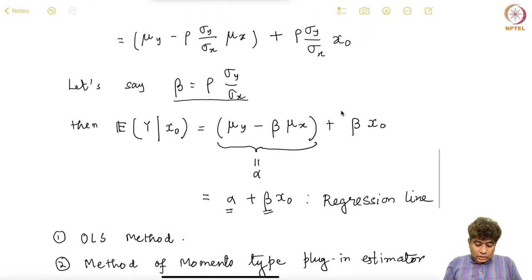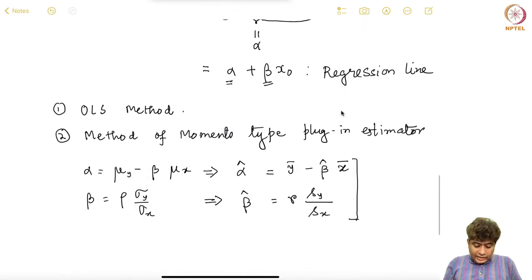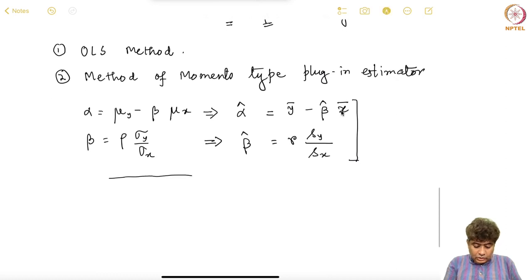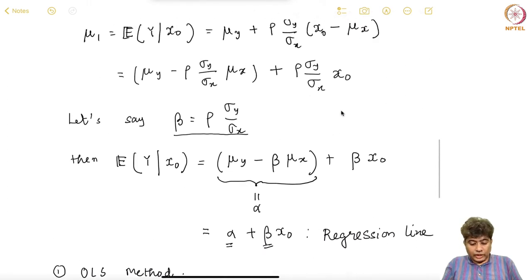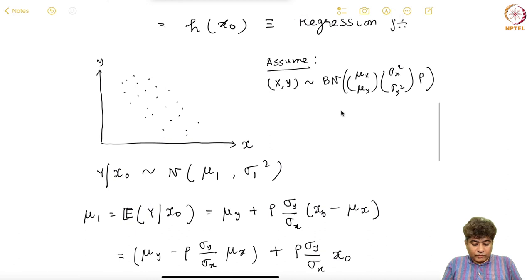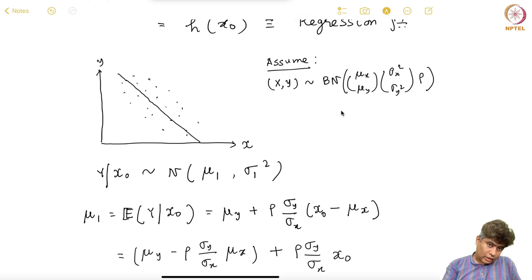Once you have the estimators, the next thing we want to discuss is another issue the regression line is still left with. This is the regression line that we can estimate using alpha hat plus beta hat times x.